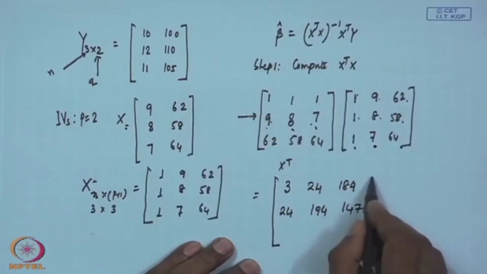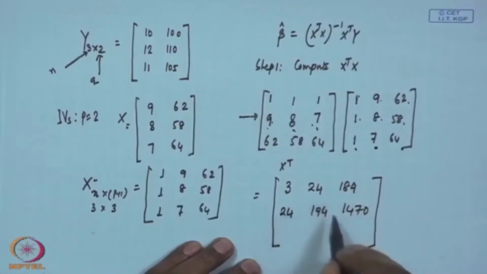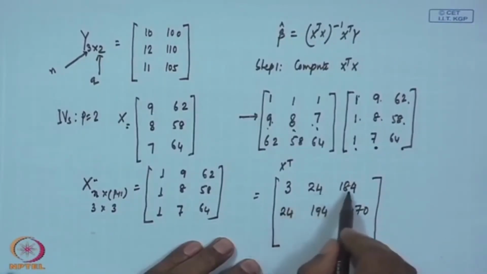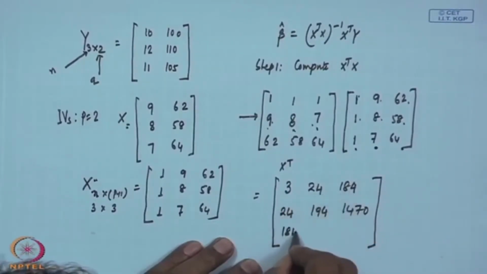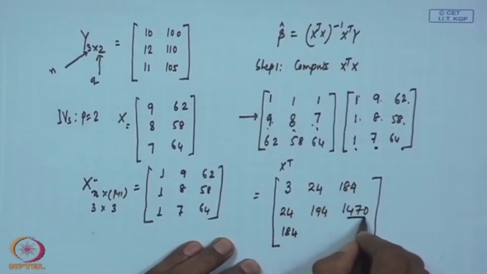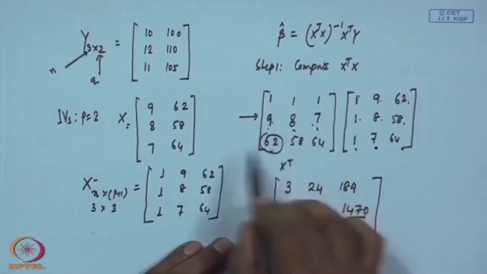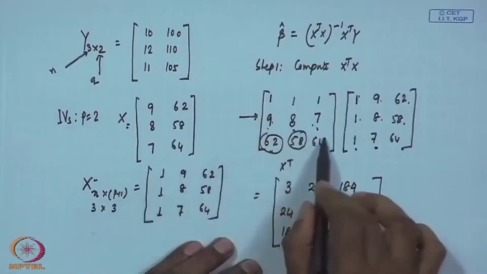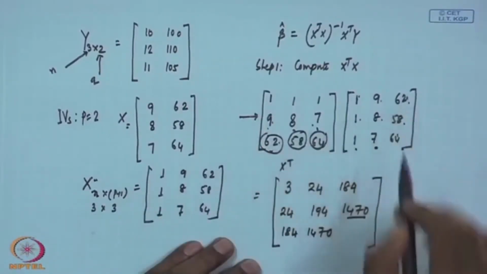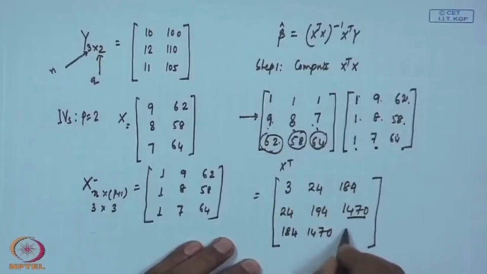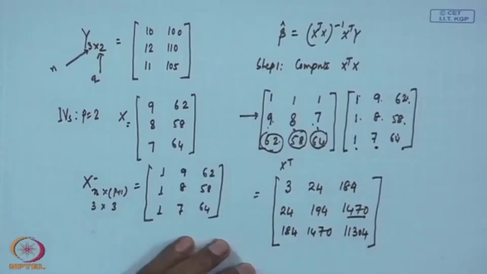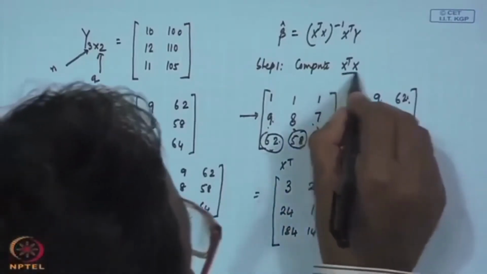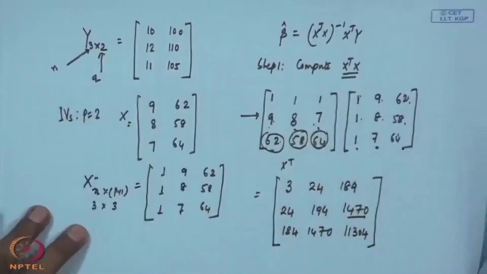Then it will be a symmetric and square matrix. So this 184 will come here, 1470 will come here, and the remaining term will be 62 square plus 58 square plus 64 square. So this total quantity will be 11304. Okay, so this is our X transpose X.